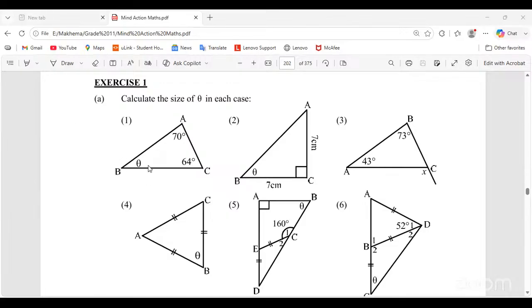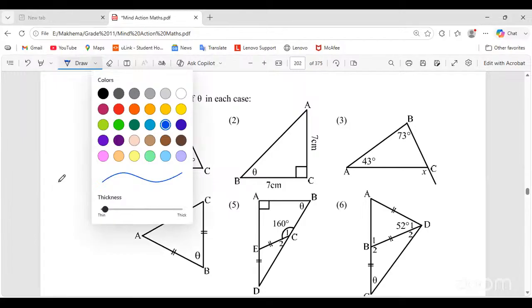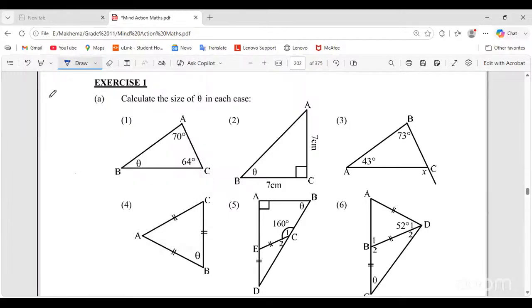Now, to find that angle theta, we will simply write this. Angle A, not just A. It is important to always note that this is an angle by putting that hat on top of the letter to show that we are talking about the angle here.